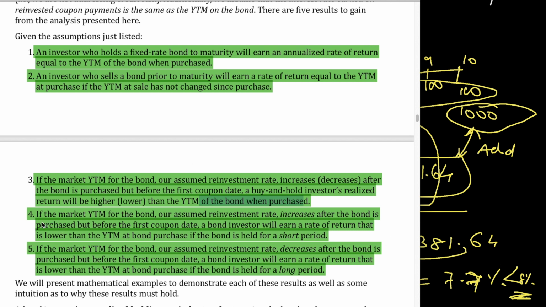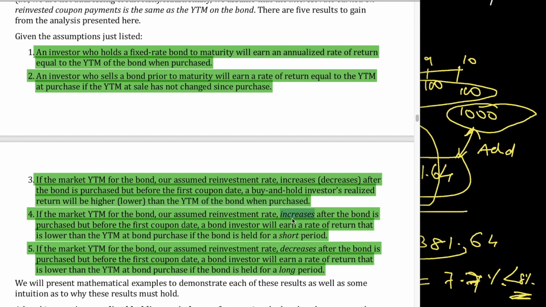Then fourth one: if the market YTM for the bond, our assumed reinvestment rate, increases after the bond is purchased but before the first coupon date, a bond investor will earn a rate of return that is lower than the YTM at bond purchase if the bond is held for a short period. Now this is quite counterintuitive, so this needs more attention. You see here the interest rate is going up.